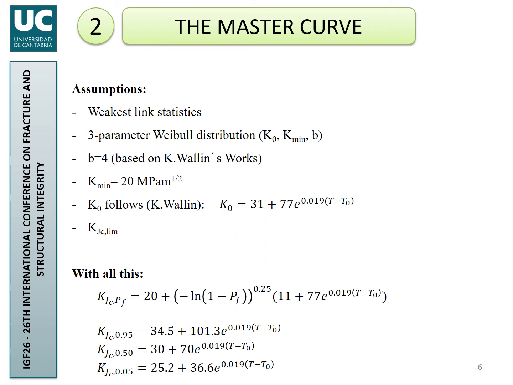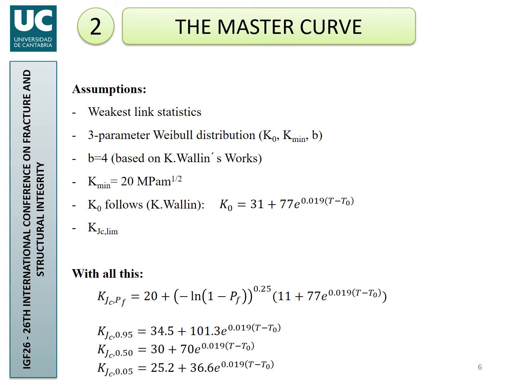K_min is 20 megapascals meter to the square root. K_min at the end is the value of the stress intensity factor below which cleavage is not possible. So it is a threshold value. You need this 20 megapascals meter to the square root to generate cleavage. This has also been demonstrated by Wallin from experimental results.